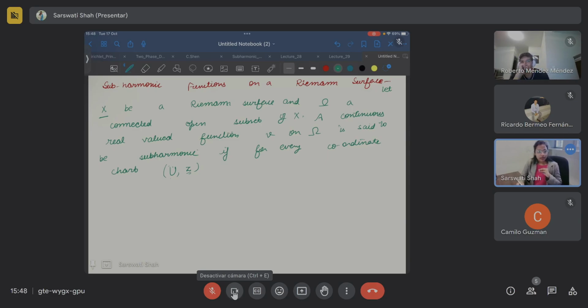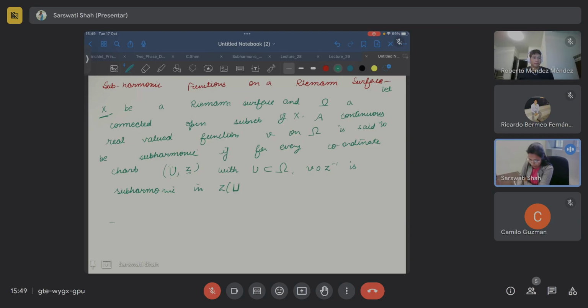You can say that u is a subset of X such that z is an onto function, defined from u to z of u. So this function is for sure onto. So this set is contained in omega. Now V of Z inverse is subharmonic in Z of U.